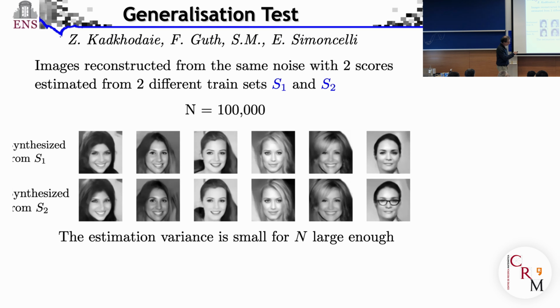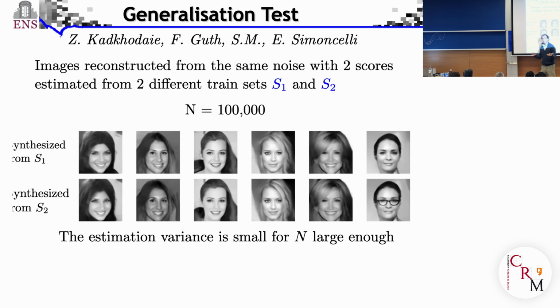Now, it's interesting because in some cases, if you look, for example, here, there is a slight difference. Because, of course, there is a little bit of variance on your estimator of the score, and that can create instability in the path where you're going to fall in one mode or the other mode if you are exactly in the middle, and one mode could be with glasses, the other mode without glasses, okay?